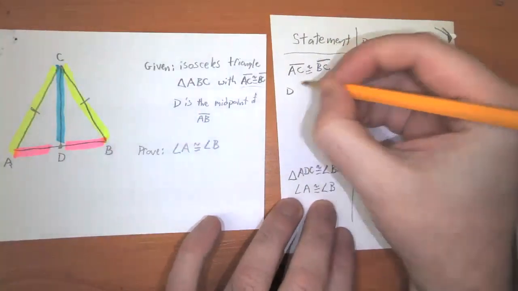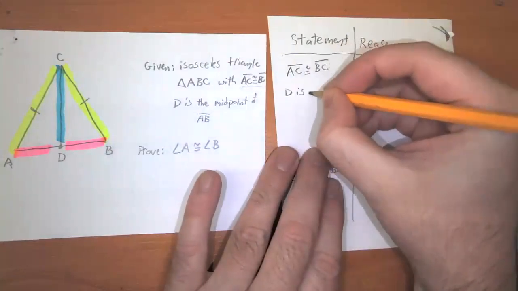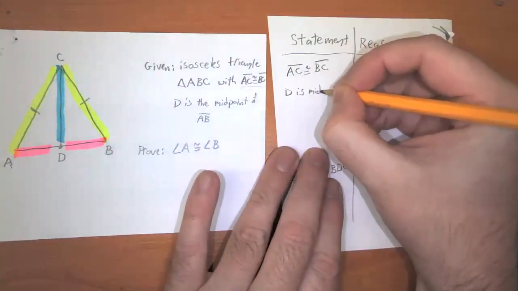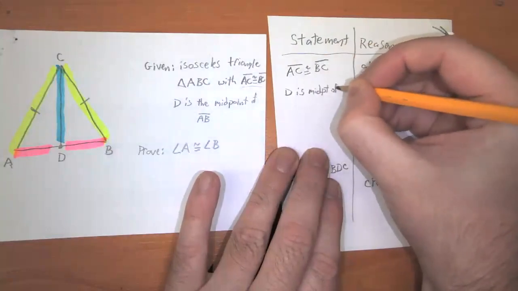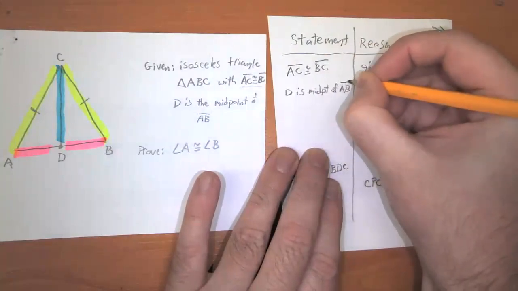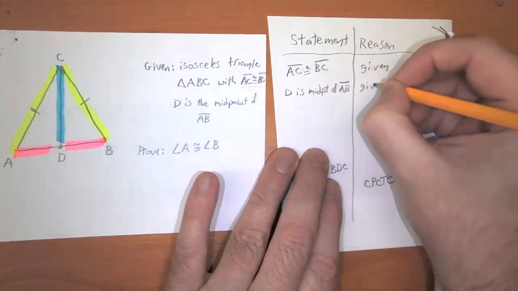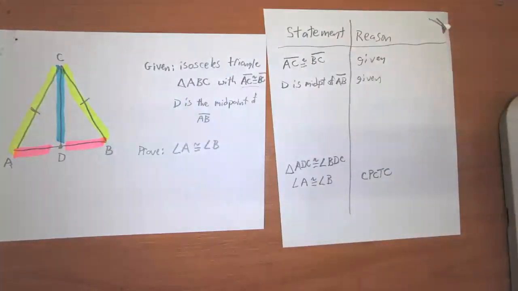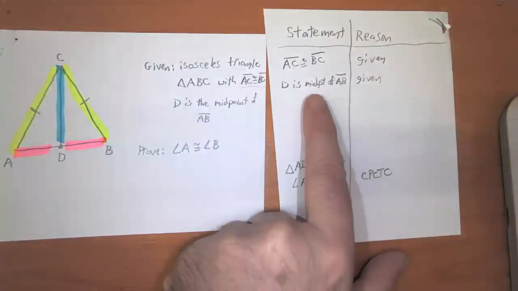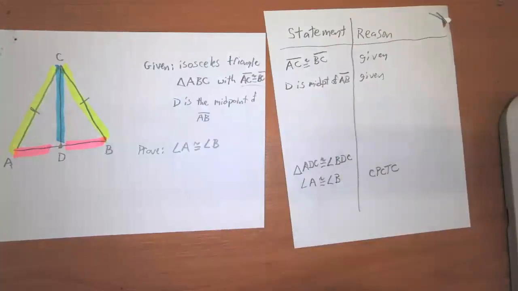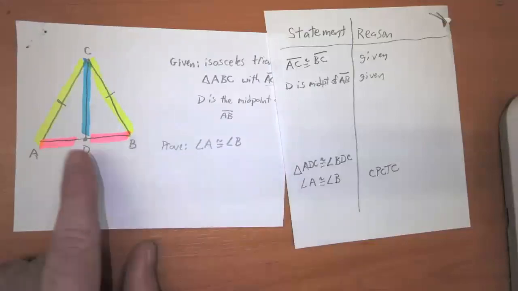The other thing that's given is that D is the midpoint of AB. That is also given. All right, so what does it mean to say that D is the midpoint of AB? I need to turn that into a congruence statement.